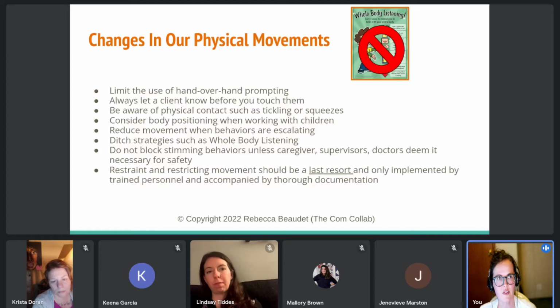As disabled people age, sometimes they end up needing care around personal hygiene or movement, and they're touched a lot of the time as it is. So we really want to limit any extra touching, and if we do need to physically prompt to help with a self-care routine, that we're getting that consent first.